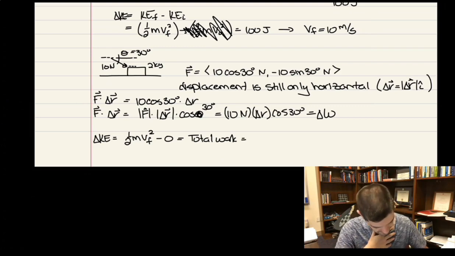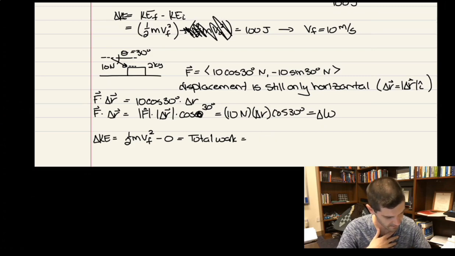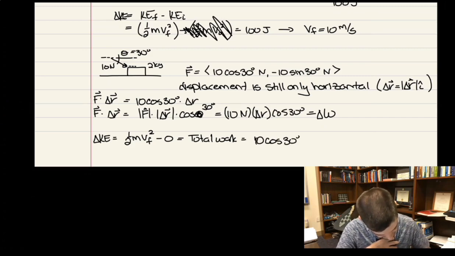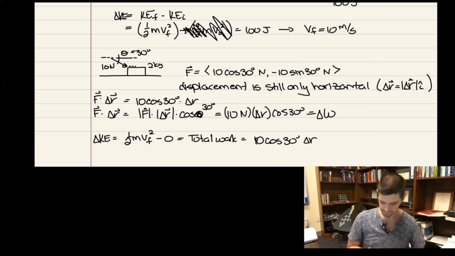We wrote that this is 10 cosine 30, delta R. Yes, there's a 10 newtons, but then it's multiplied by delta R, and that gives you joules.